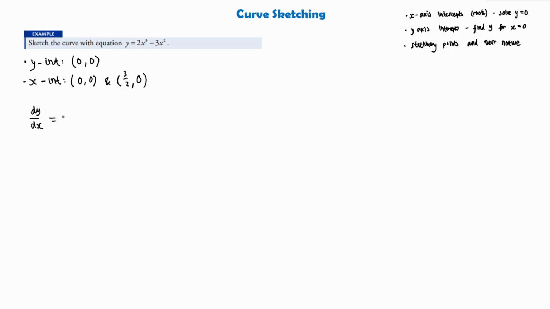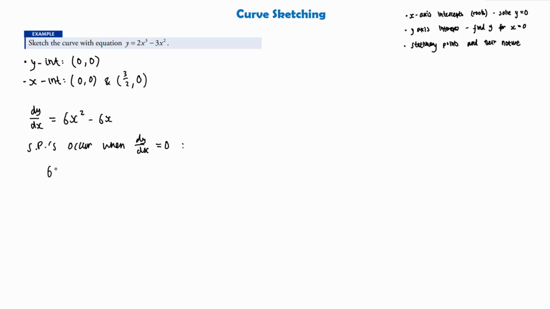So we do our differentiation rule. We're going to get 6x squared, and then 3 times 2 is minus 6x. And then we say that stationary points, which it's fine to abbreviate to SP, occur when the derivative dy by dx is equal to 0.